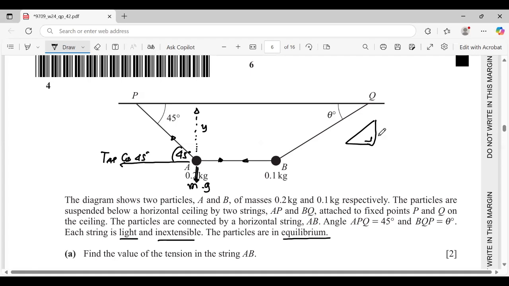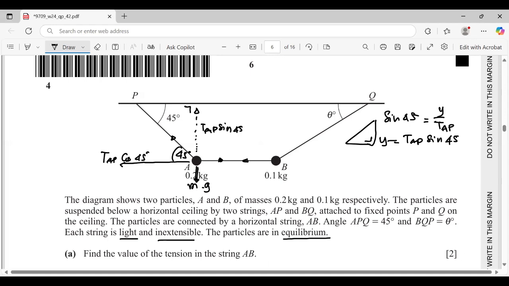If this is y, we can find that sine 45 equals y over tension AP. So y equals tension AP sine 45.